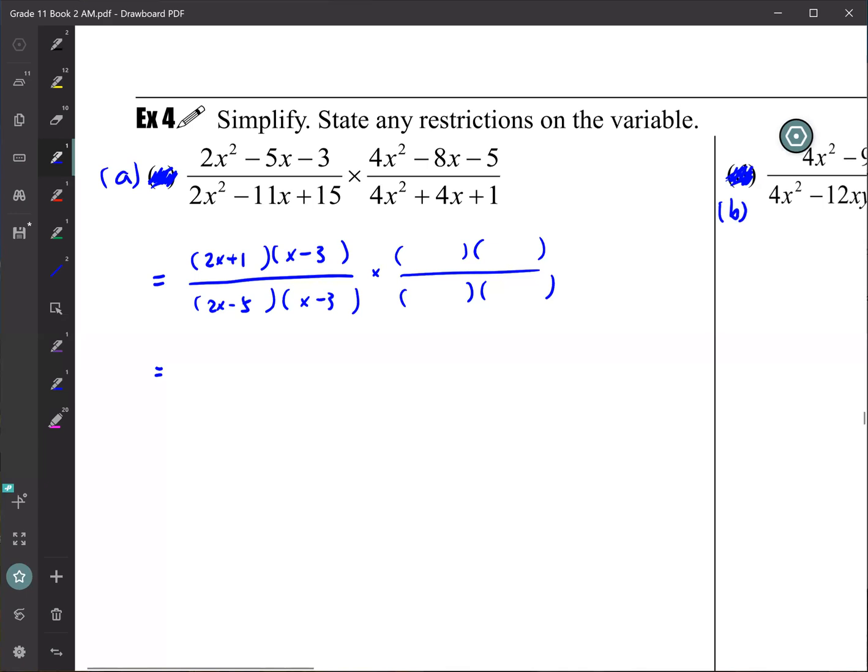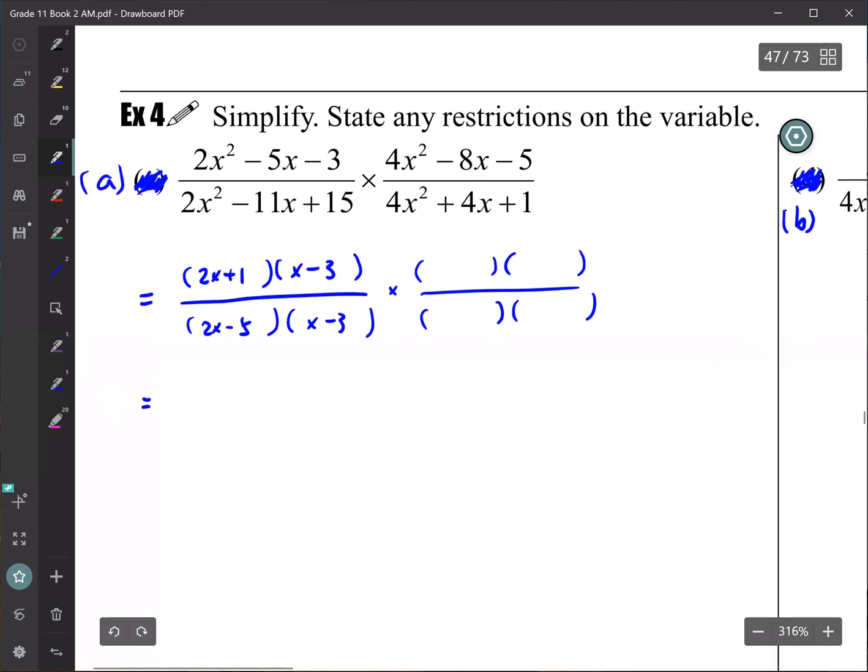For the second fraction, what's in the numerator? Aaron? 2x subtract 5 and then 2x plus 1. So that will give you minus 10 plus 2. Very good.